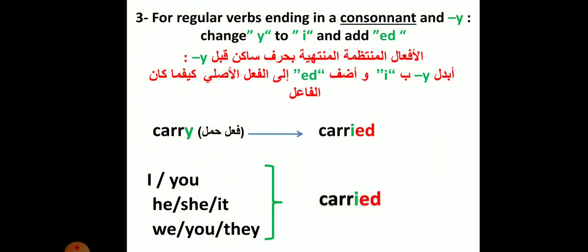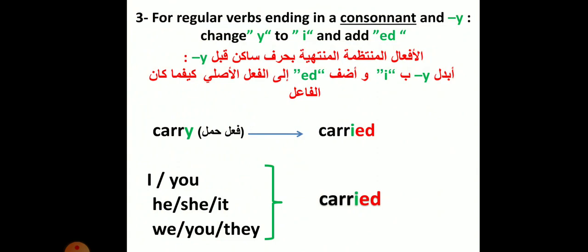The third rule. For regular verbs ending in a consonant plus Y, we change Y to I and we add ED. For example, carry becomes carried.